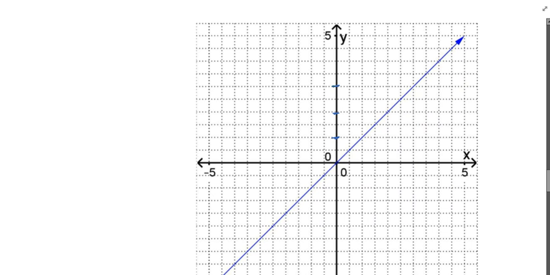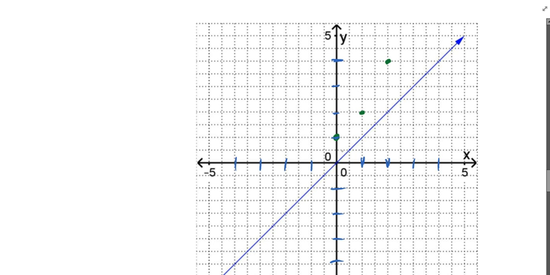I'm counting by 0.5s. 1, 2, 3, 4. 1, 2, 3, 4. Okay, so 2 to the 0 is 1. 2 to the 1 is 2. 2 to the 2 is 4. 2 to the 3 is 8. 2 to the 4 is 16, and so on. We know exponential growth is fast.